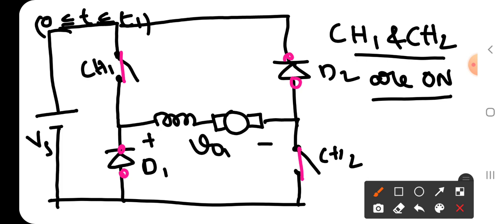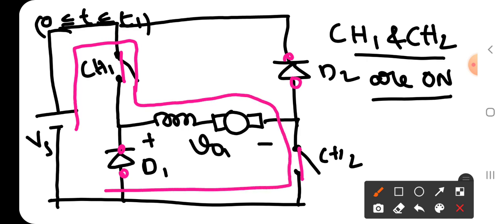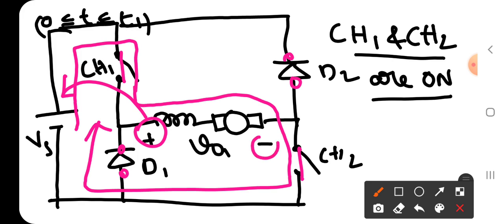The current flows only through CH1 and CH2, starting from Vs, then to CH1, then to the inductance, that is the motor, next to CH2, and back to Vs. VA positive terminal is connected to plus and VA negative terminal is connected to minus.